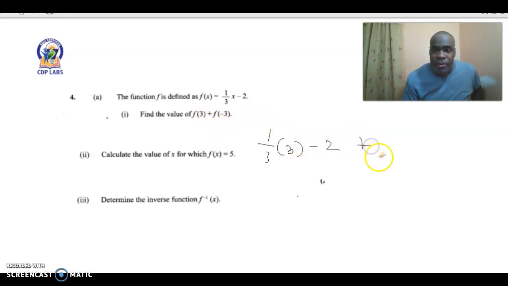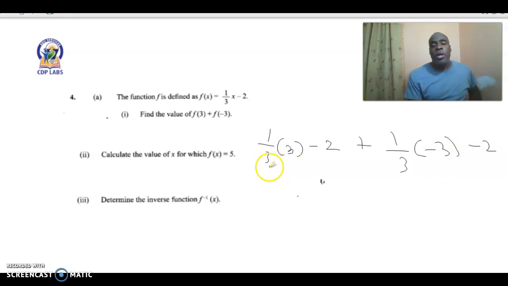It's the same function, so we have right here 1/3 of negative 3, minus 2. So now 1/3 of 3 is what? 1, minus 2, plus 1/3 of negative 3 is minus 1.